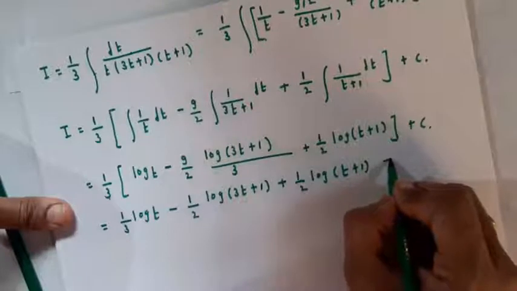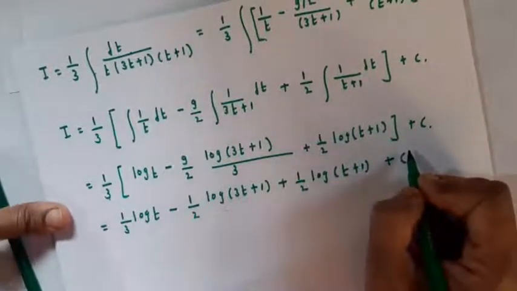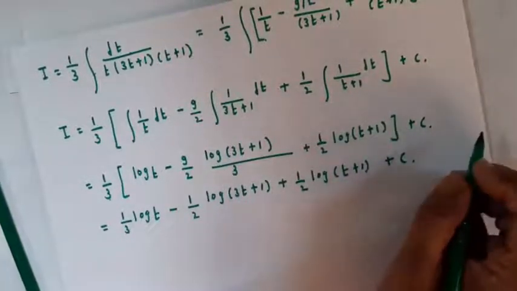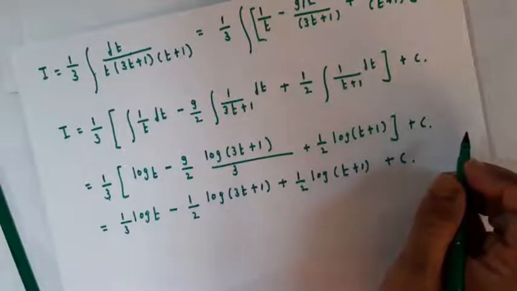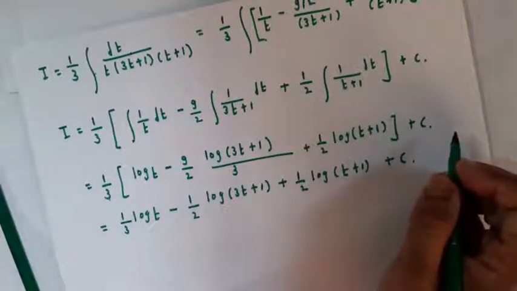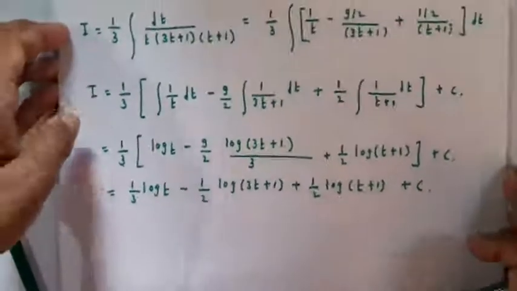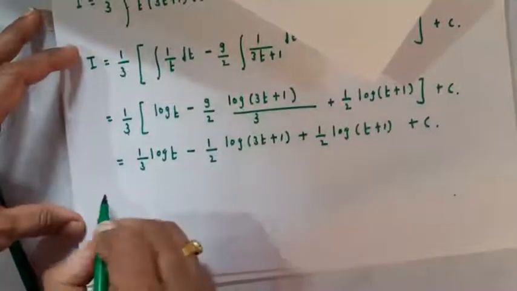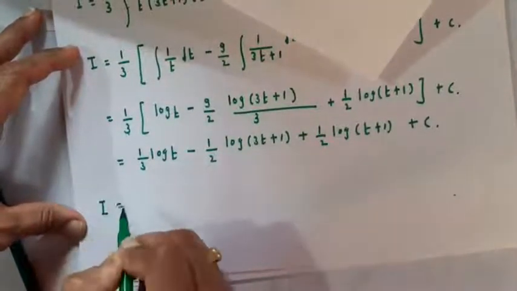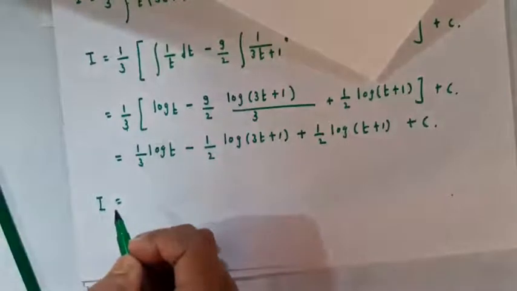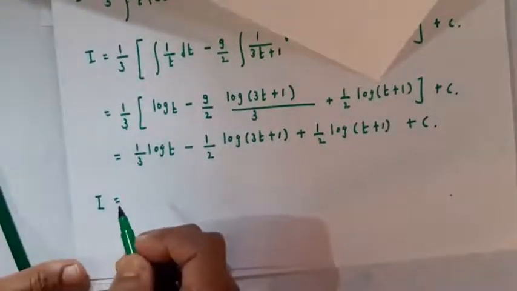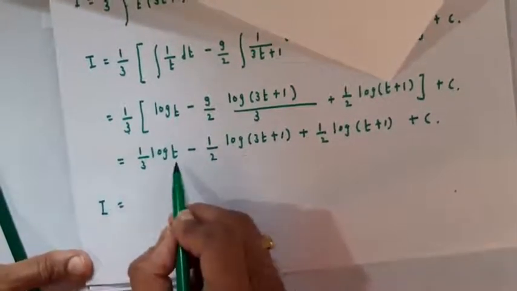Okay. And plus constant of integration c. And this is the integration. And now the integration I is equal to, now substitute the value of t.